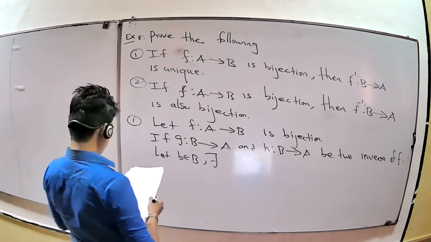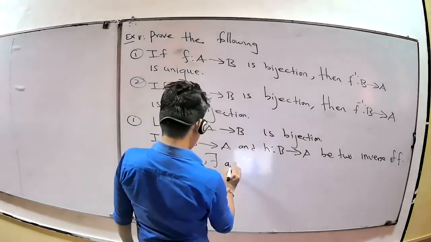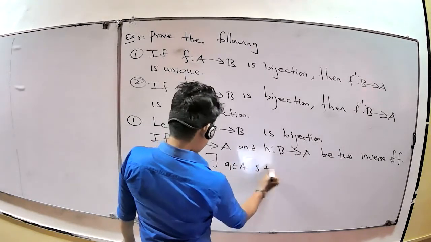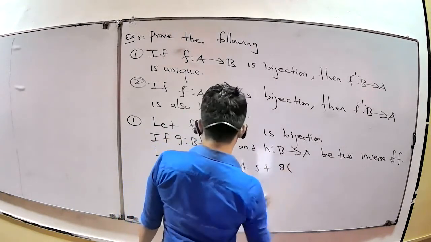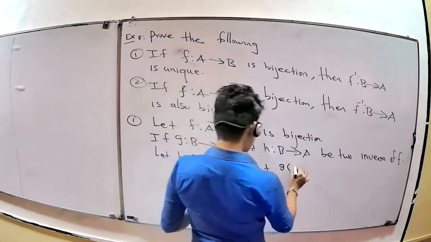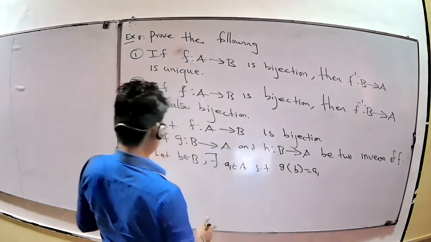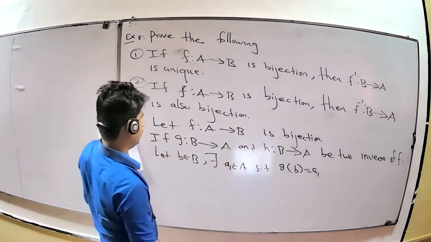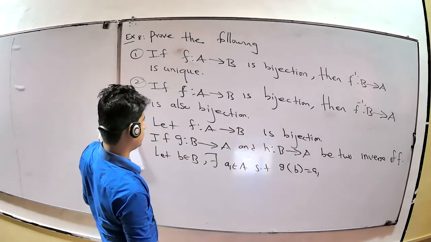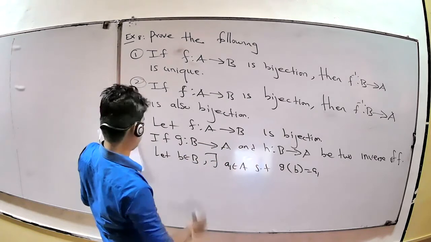Okay, let b belong to B. You can take a1 belonging to A such that g of b equals a1. That is the condition. Then f is a bijective function.